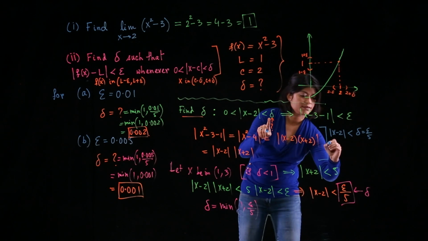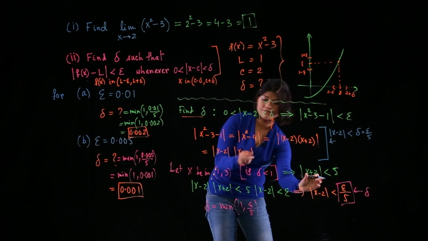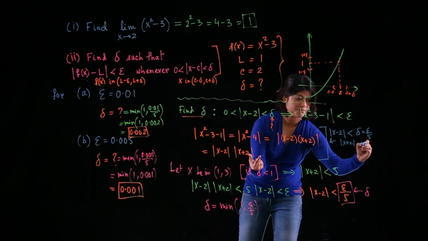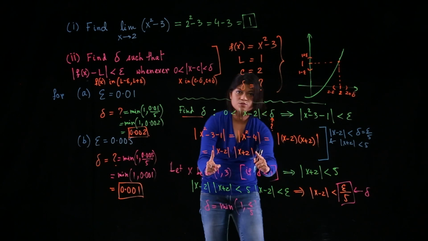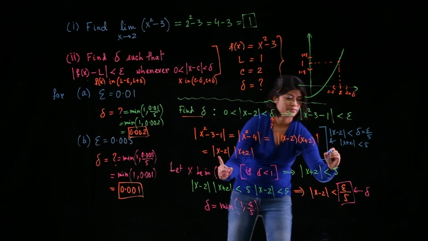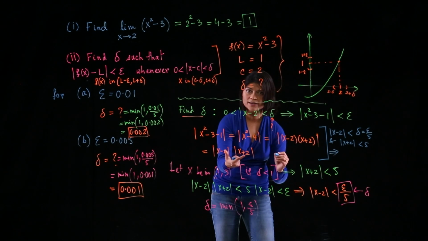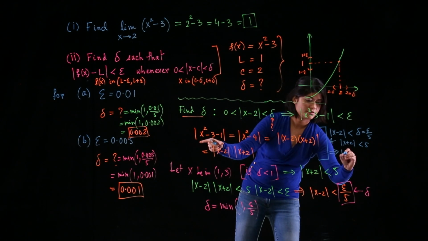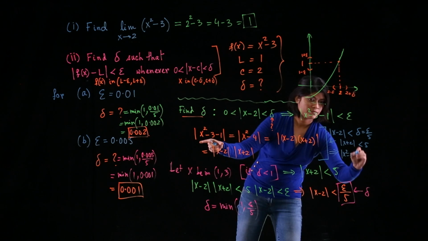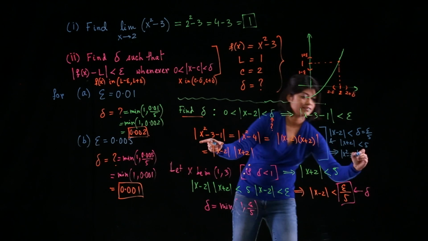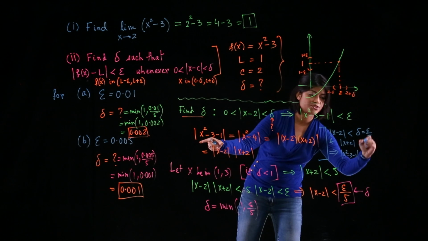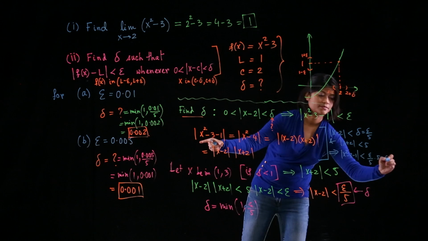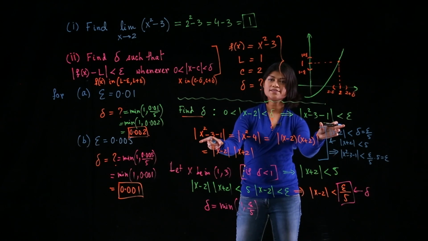If that happens, and we also have this extra piece, x plus 2 is less than 5, notice what happens when you make the product. The product is x squared minus 3 minus 1, right? That is this part. That will be less than, multiplying these two, epsilon over 5 times 5, and that's epsilon. So it gives us the right hand side.